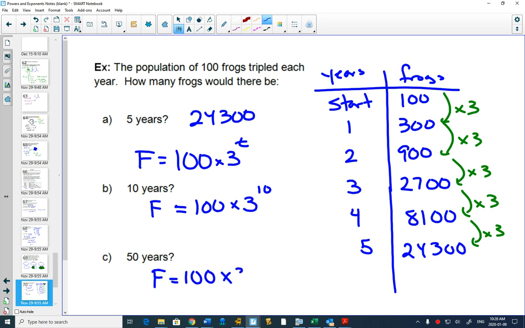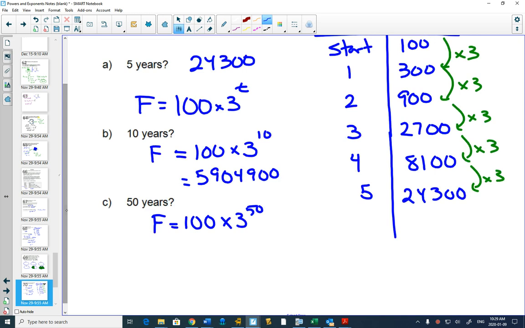Well, let's put these things into our calculator. At 10 years, 100 times 3 to the power 10. Wow, almost 6 million frogs. And in 50 years, if this kept happening, my calculator gives my answer as a decimal.